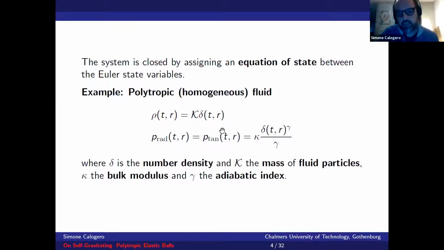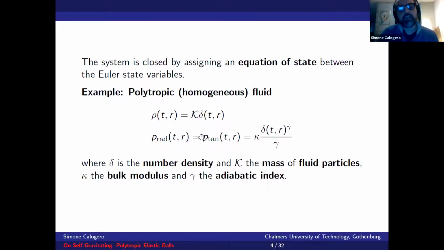First, I introduce the number density of particles, which I denote by delta, and a constant capital K, which is the mass of the fluid particle. I'm assuming here that this fluid is homogeneous, so it is made of only one species of particle with mass capital K, and then I write the mass density as this K multiplied by the number density of particles.